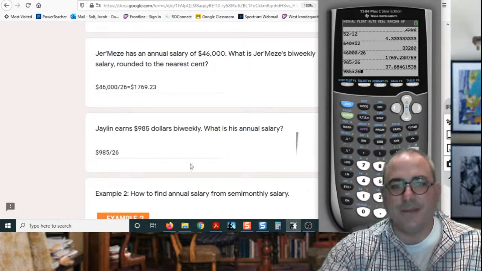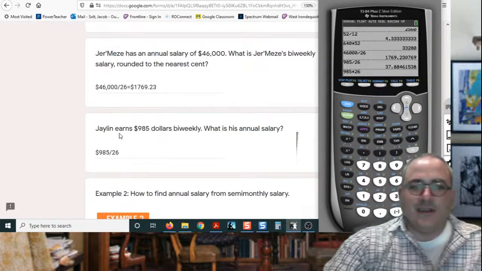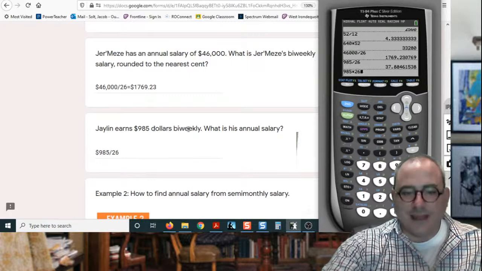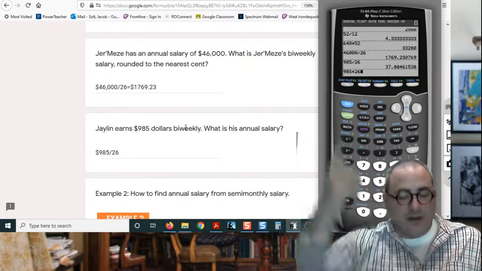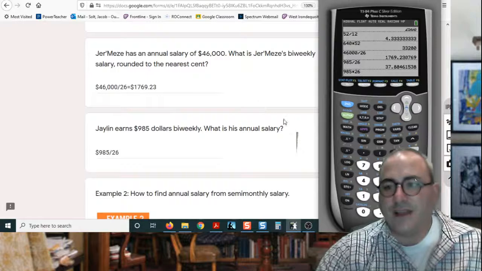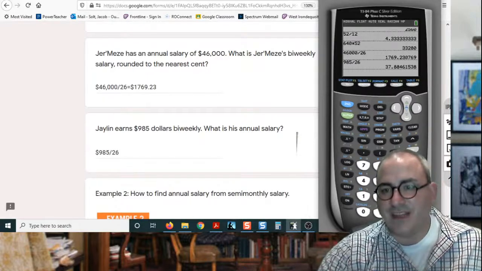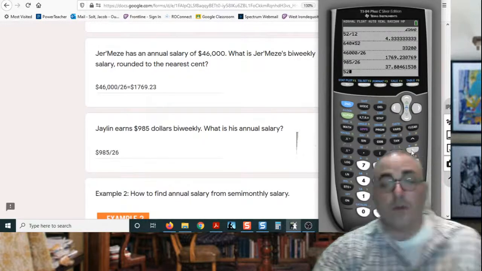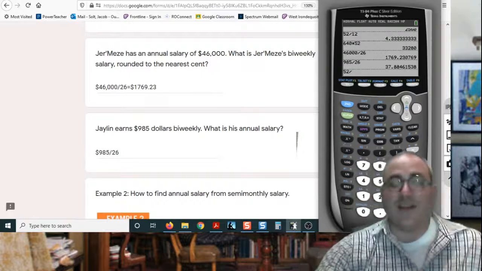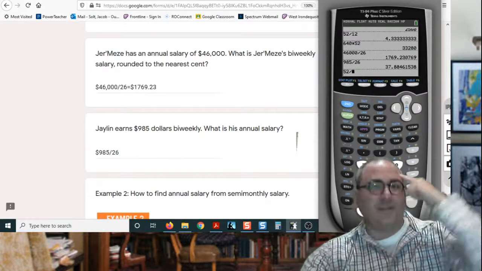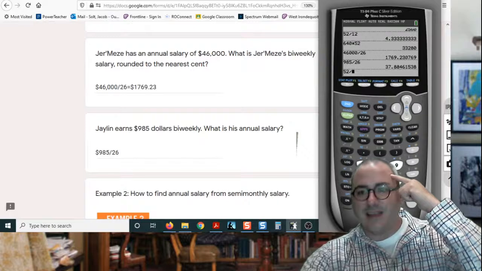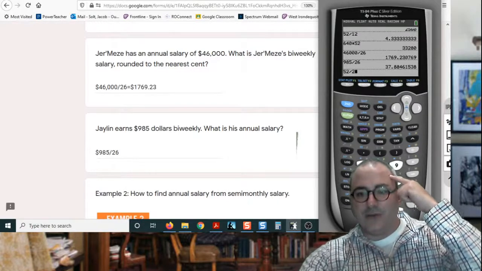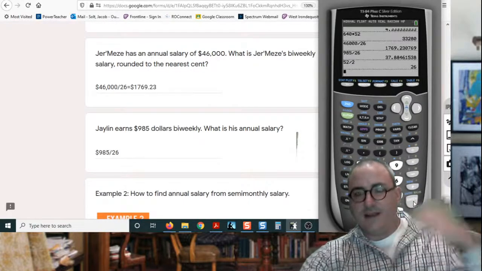So think of it this way. Jaylin earns $985 biweekly, which means, and hopefully you already learned, that there are 26 biweekly pay periods in a year. How do they find that? Remember, biweekly means every other week. If I know there are 52 weeks in a year, and I divide by 2 because it's every other week, I get 26.